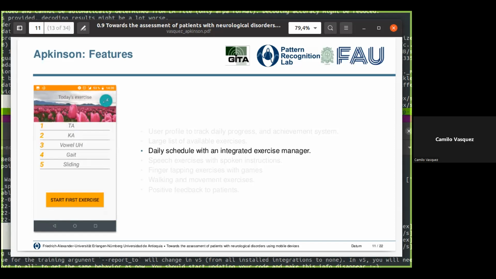For instance, for today's exercises, the patient has to do some diadochokinetic exercises like the rapid repetition of ta ta ta, ka ka ka, a sustained phonation of the vowel u, gait exercises at home, and a sliding exercise using finger tapping.